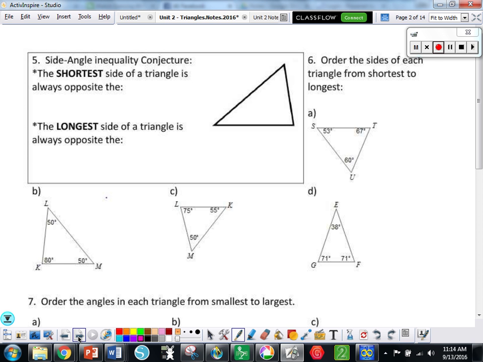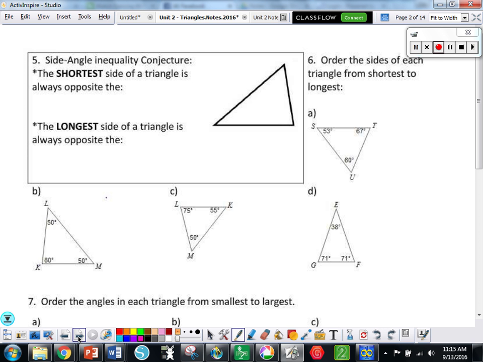Okay, the next set of questions, we want you to label the sides and order them from smallest to largest. So for number 6, I have these different triangles. I don't know how big the sides are. They could be the size of a quarter. They could be the size of a three. We don't know. But we do know the angles.